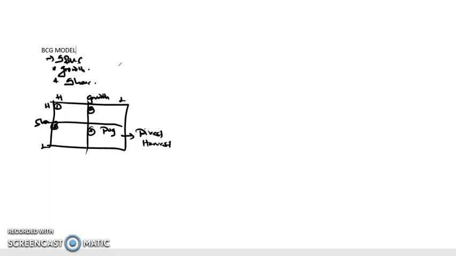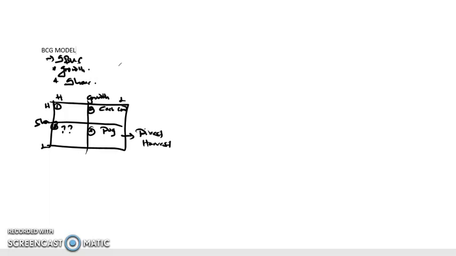Now we go to another scenario where the growth is low but the share is very high. This is called the cash cow. Then you have scenarios where the growth is high and the share is low. It's called a question mark.